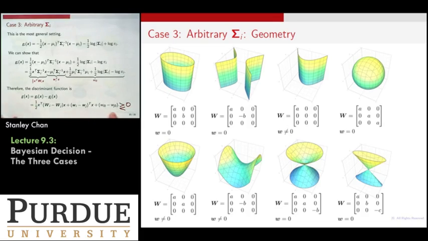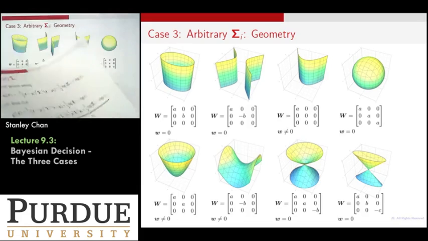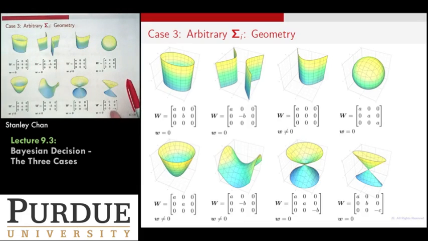I check whether this is bigger than 0 or less than 0. So you give me an image, I dump it into this classifier. I check whether the discriminant function will be positive or negative. Positive, I declare it is class 1. Negative, I declare it is class 0. I don't need to look at the geometry. Although it's very beautiful and very informative, it doesn't help you in terms of computing.